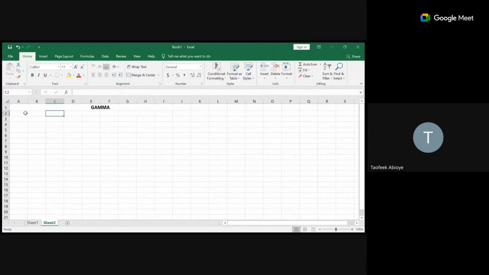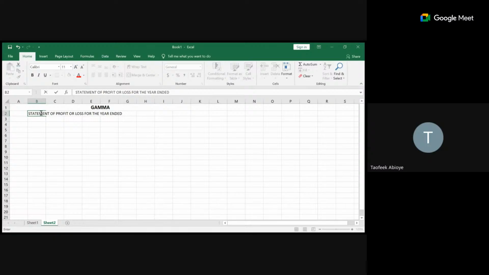So we are going to show the statement of profit or loss because they asked us to show it. Statement of profit or loss of Gamma, for the year ended. Which year?